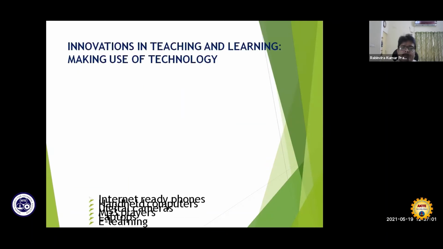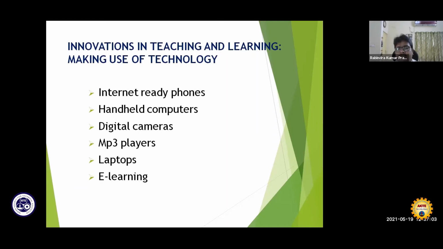In addition, in today's modern times, many modern technologies are utilized: internet-ready phones, handheld computers, digital cameras, MP3 players, laptops, e-learning platforms. All these technologies are nowadays used by teachers in the classrooms to make the classroom more impactful and meaningful.